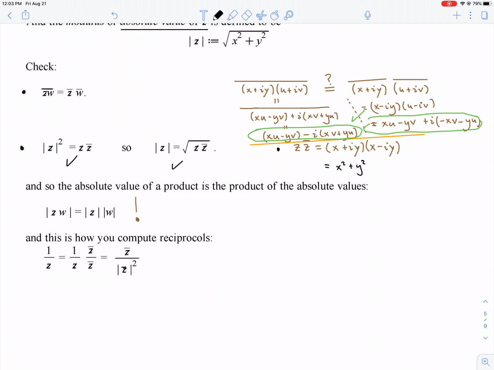Okay, so as a consequence of those two properties above, the modulus or absolute value of a product is the product of the absolute values.